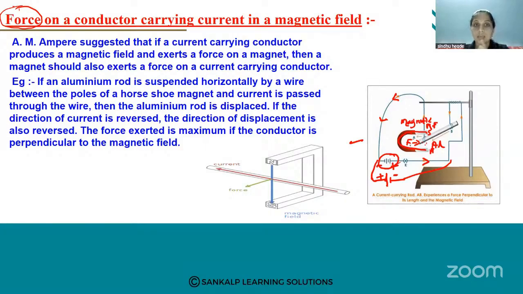That is the meaning. So this is the concept: a force acts on a conductor carrying current when the magnetic field is generated. Got it clear? Here the aluminum foil shows the displacement, which means there must be some force exerted here.